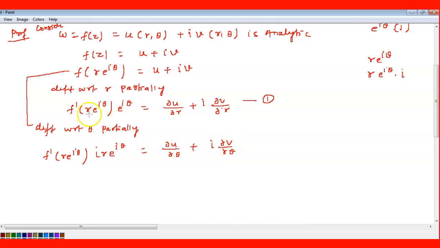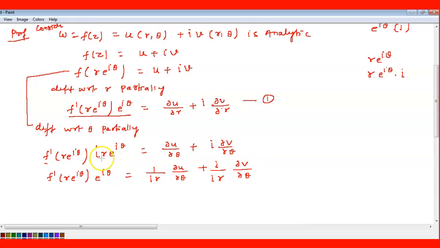Now see here, on the left hand side e to the power i theta is there, and we will keep it the same, and bring the remaining to the right hand side. So f dash of r e to the power i theta as it is, and this i into r we bring to this side, so I will get 1 upon i r del u by del theta plus 1 upon r del v by del theta. Any doubt till here?